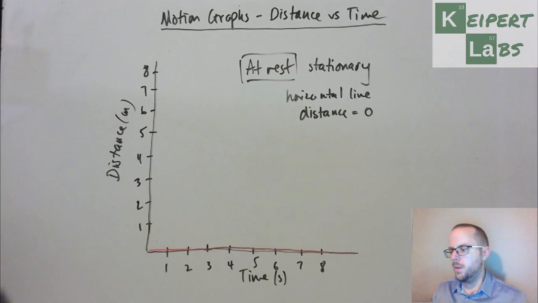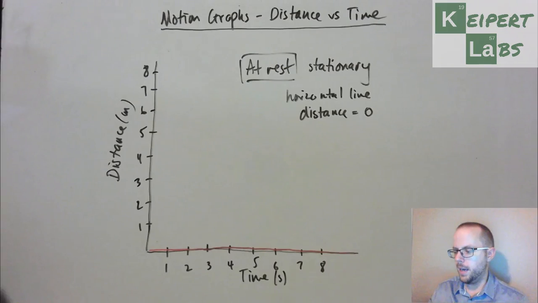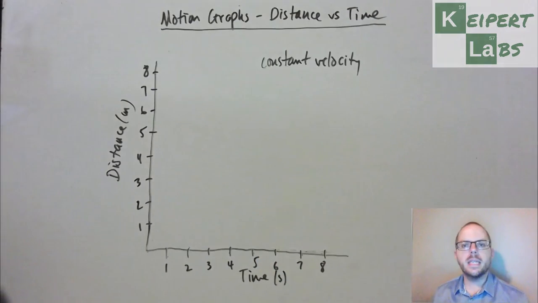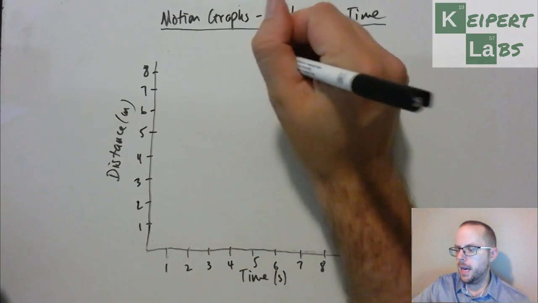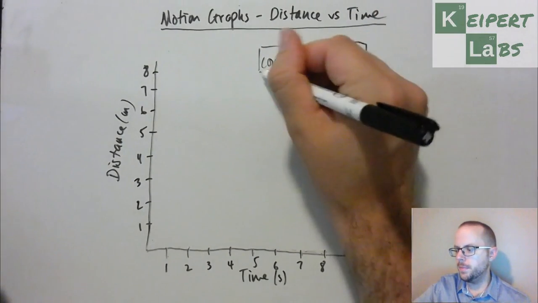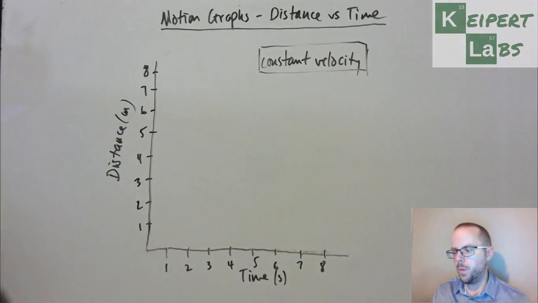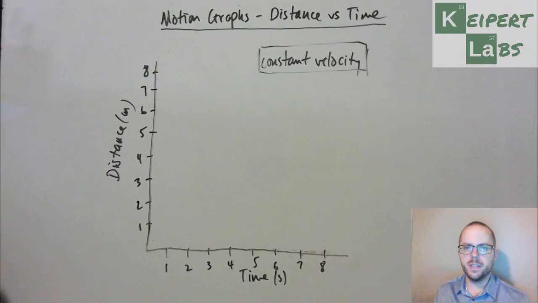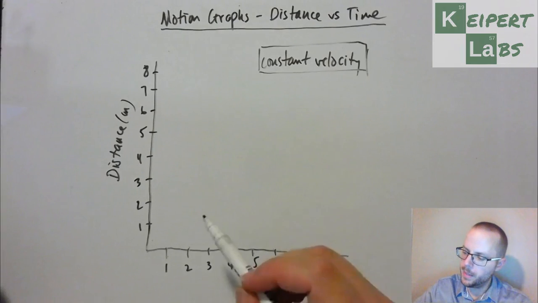Now let's say we've got an object that's moving at a constant velocity. For every second that it travels, it's going to be covering the same distance, depending on exactly what its velocity is.